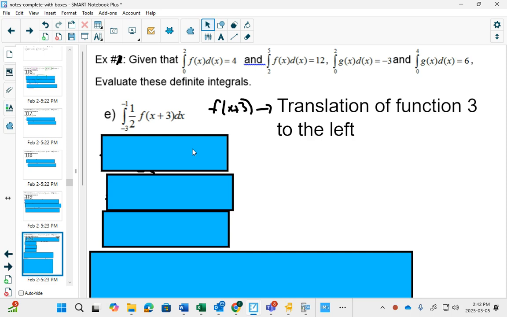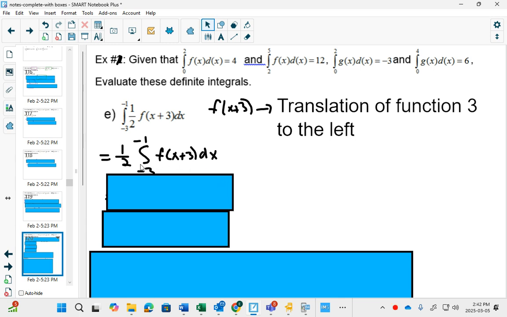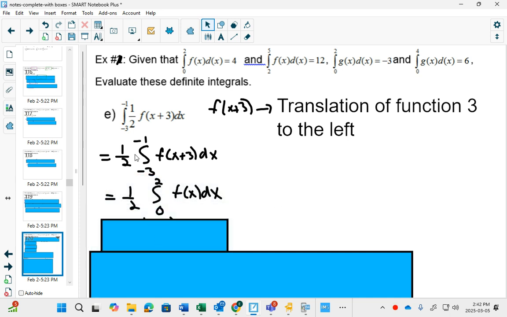Okay. A little bit of transformations from grade 12. f of x plus 3 would be a translation of 3 to the left. Okay, I can bring the 1/2 out in front, but does it make sense to you that going from -3 to -1 is the same as going from 0 to 2 of the graph moved 3 to the left?